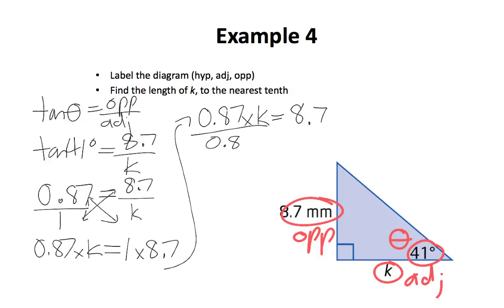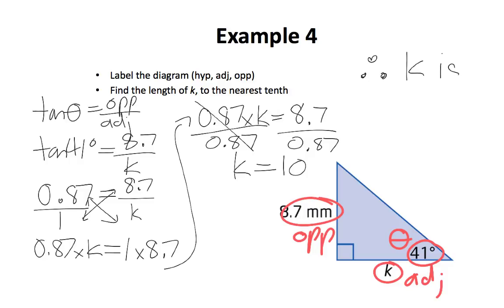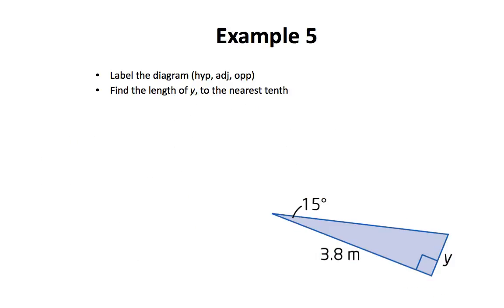But what you do to one side, you must do to both sides of the equation. So those cancel out, and you're left with 8.7 divided by 0.87. And that's going to be equal to 10. So let's write a concluding statement. Therefore, k is 10 millimeters.